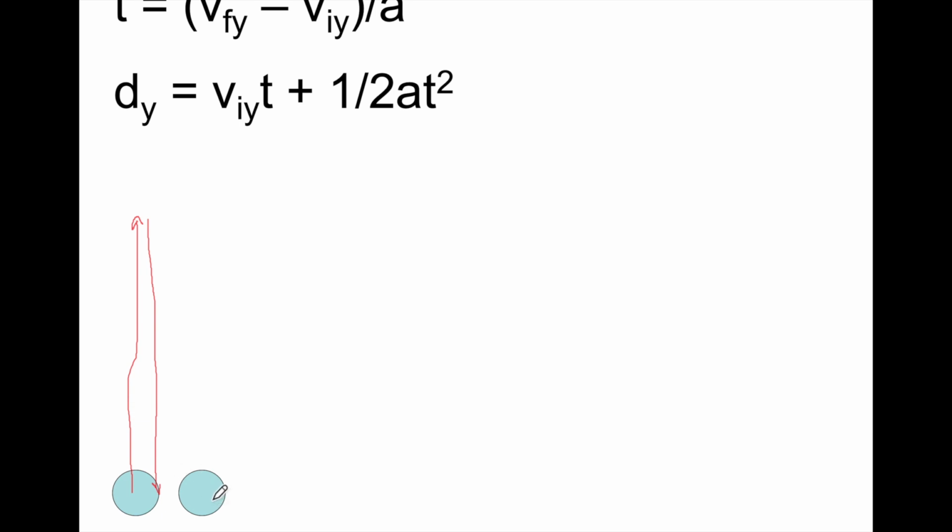If you were to throw a ball at some angle, and you resolve this to its vertical component, let's say it has this type of vertical component to it, and if this object here also had the same vertical component, same velocity thrown upward here, what would happen then is that they would both reach the highest point at the same time and also come back down at the same time.